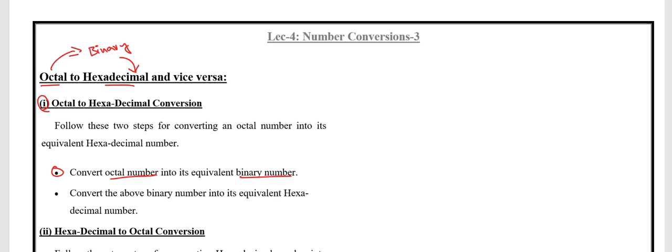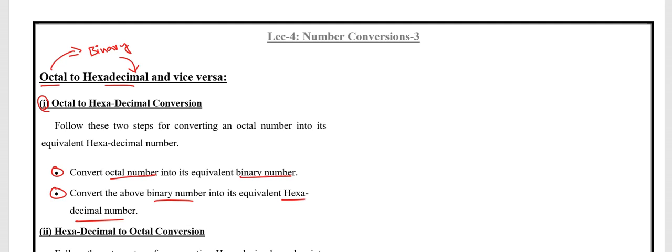In the second step, the binary number obtained in the first step is converted into hexadecimal by partitioning the binary number into 4 bits each. So this is how we will convert the octal number into hexadecimal. First we convert the given octal number into binary, and then that binary number is converted into hexadecimal.